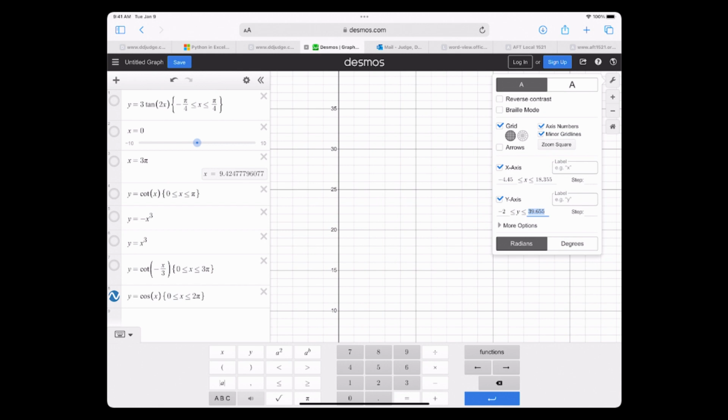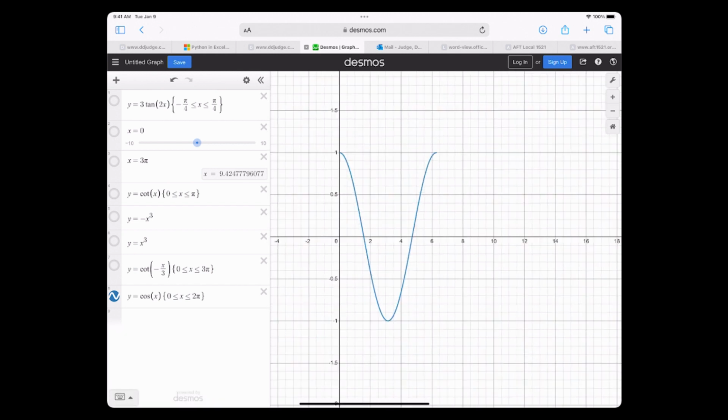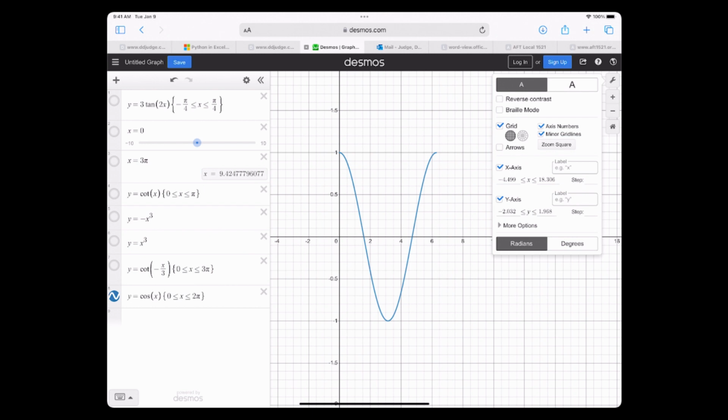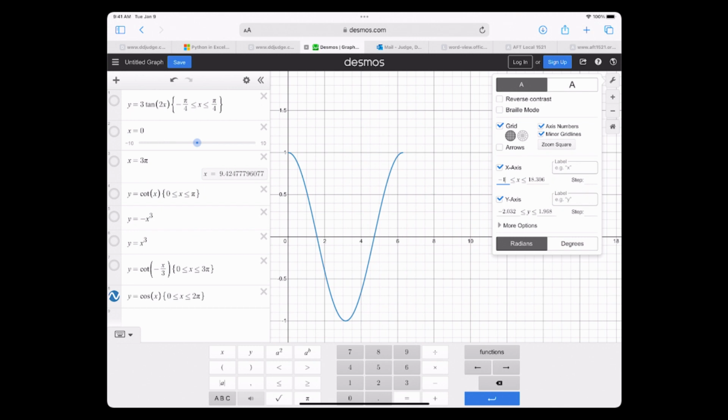Okay, and you see a graph that's not really, it's not just the y-axis. I think there should have been a key here, that even the x-axis looks kind of little. Say negative 1 to, I don't know, how about 10?